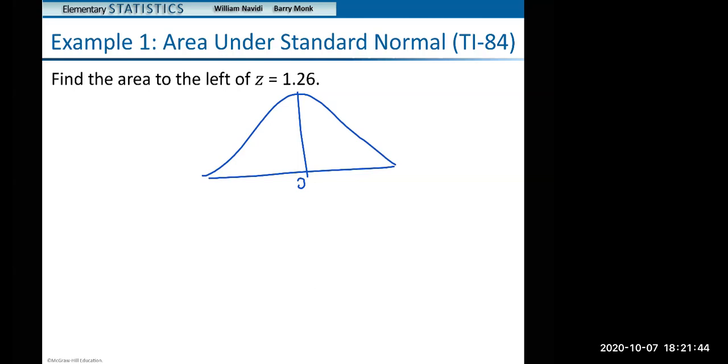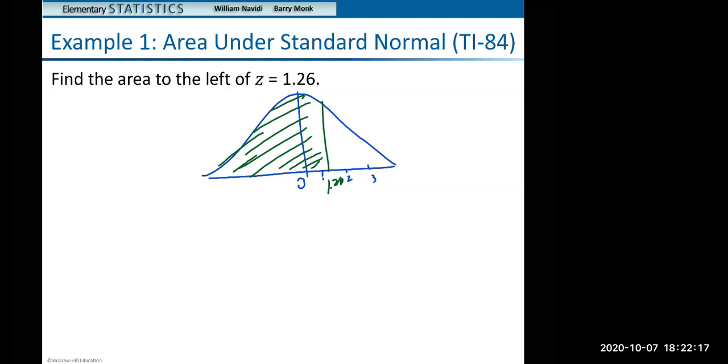So you have to look for where 1.26 is. So this is 1, 2, 3. And let's say this is 1.26. To the left, so meaning this area here. So we need to find this area to the left of 1.26.